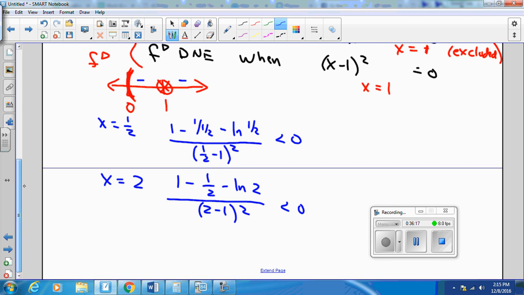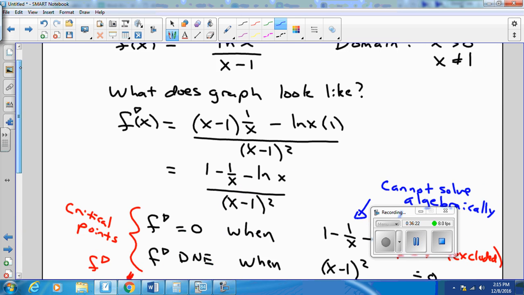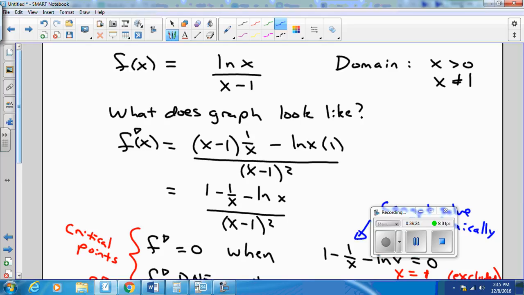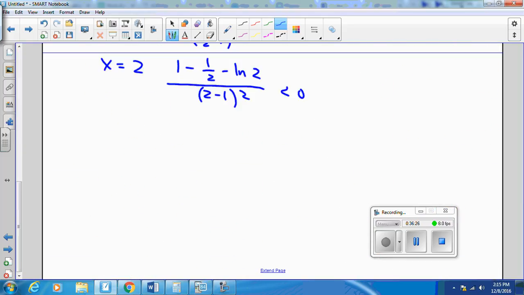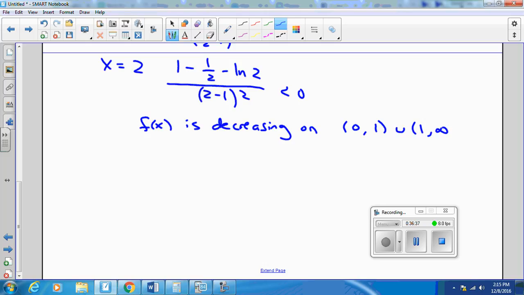To sketch a graph, what I've determined is that my function f is decreasing on both of those intervals here, and I'm going to state that. It's decreasing on the interval 0 to 1 together with 1 to infinity, and now comes the magic justifying language, because f prime is less than 0.